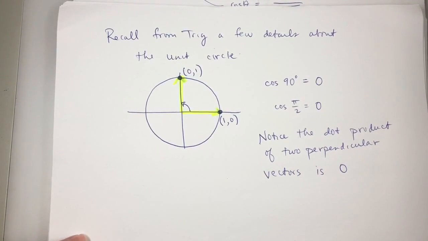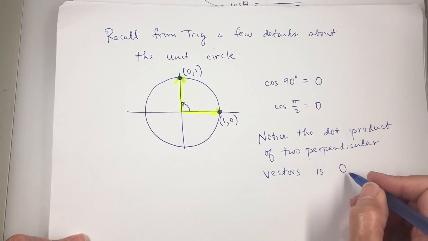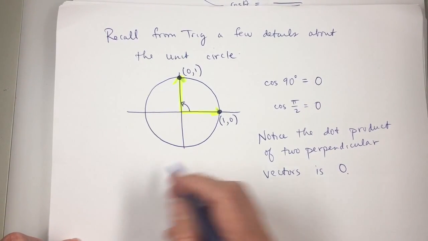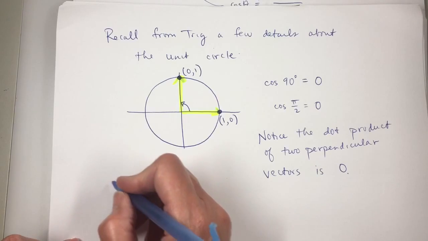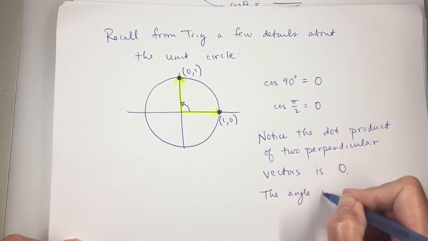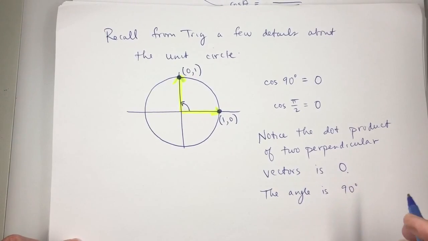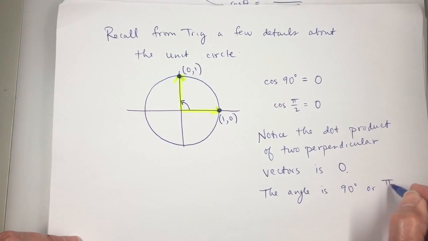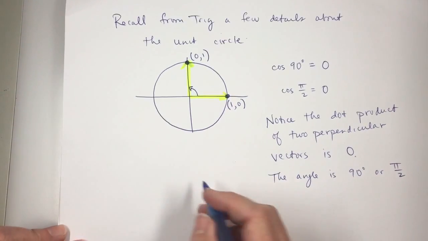Because what you're going to have, if they're perpendicular, the angle is 90 degrees, or pi over 2 if you're in radians. And so you would have this.